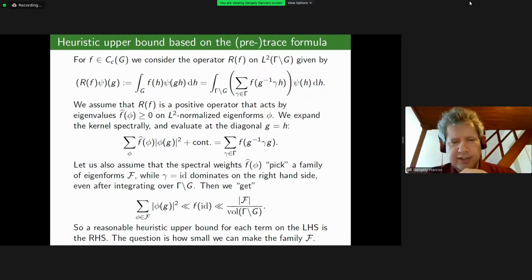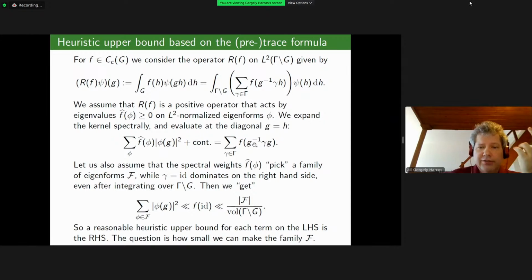But let's assume we are in this situation, and let's assume that the identity element dominates on the right-hand side, even after integrating over G mod gamma. So both in the pre-trace formula and in its integrated version, we think of the right-hand side as being f of 1 practically.